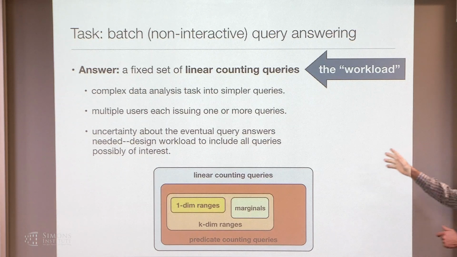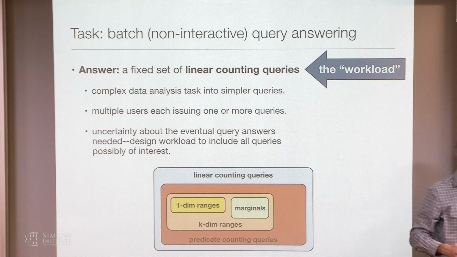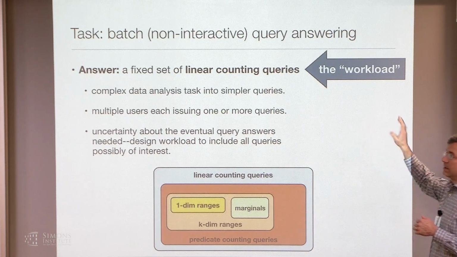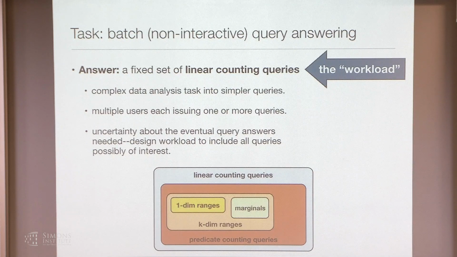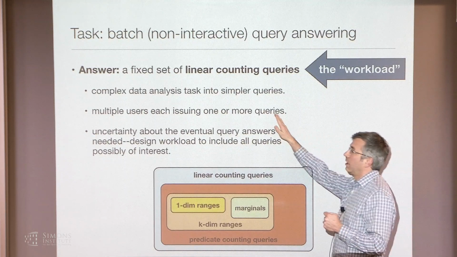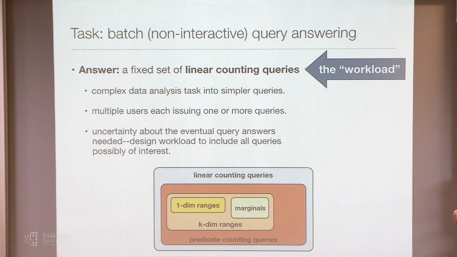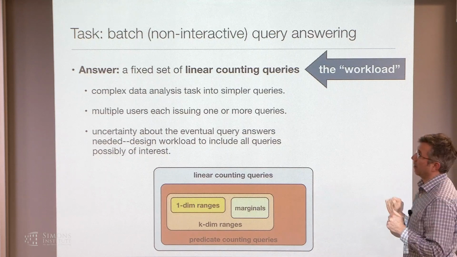Because I view this as part of a desirable interface for a differentially private mechanism, that a user or stakeholder, somebody who's studying the data, will express their needs and preferences through choosing a workload. And it may be that they have a more complex data analysis task in mind, maybe fitting a model, but they can decompose that into a set of sufficient statistics that are linear counting queries.